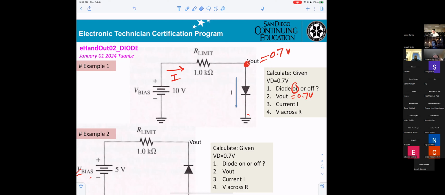Voltage divided by resistance, yes, I equals V over R. Now you want to know V here. What does that V equal?